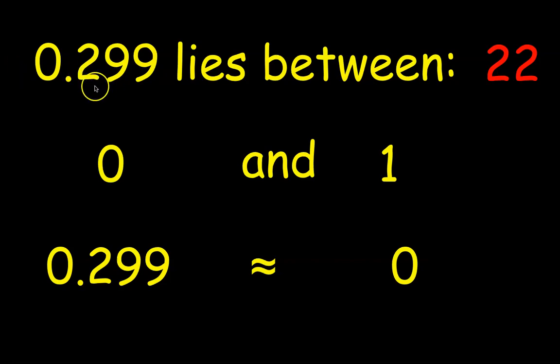Again, even though this has 9 hundredths and 9 thousandths, we're only worried about rounding to the nearest whole number. This number lies between 0 and the next whole number, which is 1.